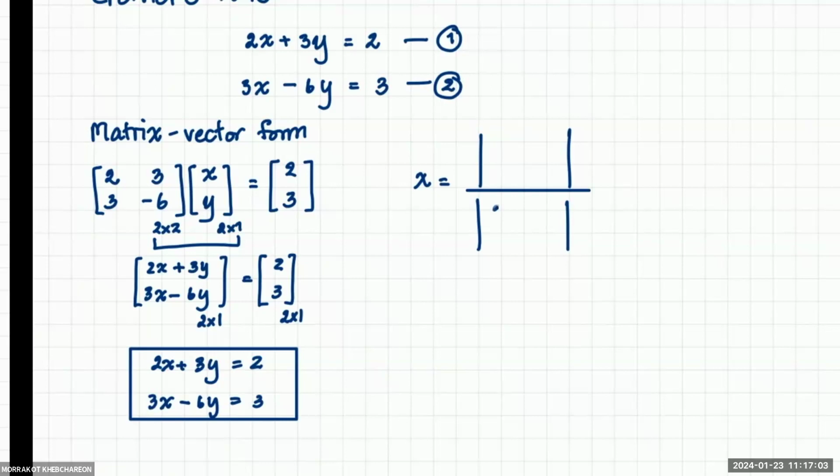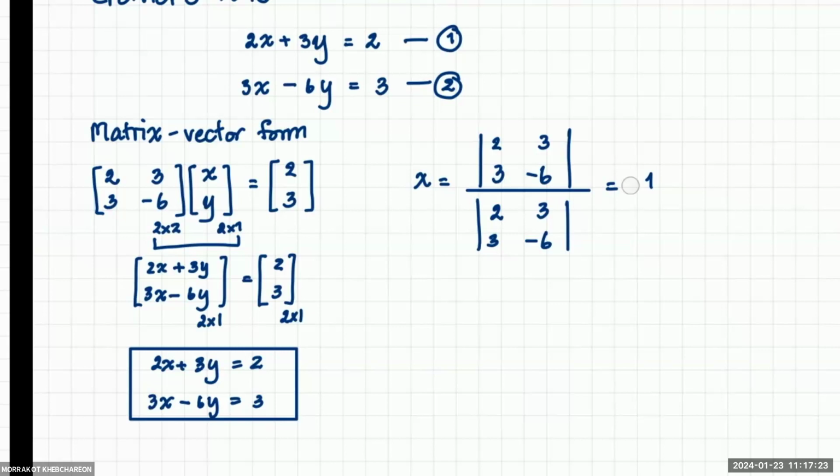Okay, determinant of 2, 3, 3, minus 6. And then for the numerator, you replace the first column with the right-hand side. Okay.